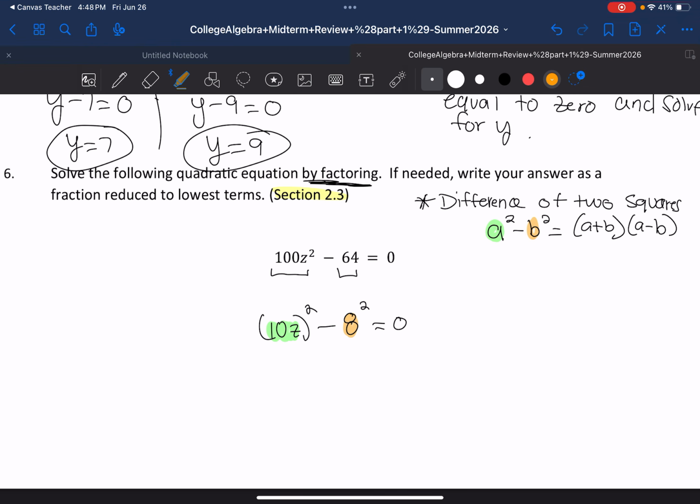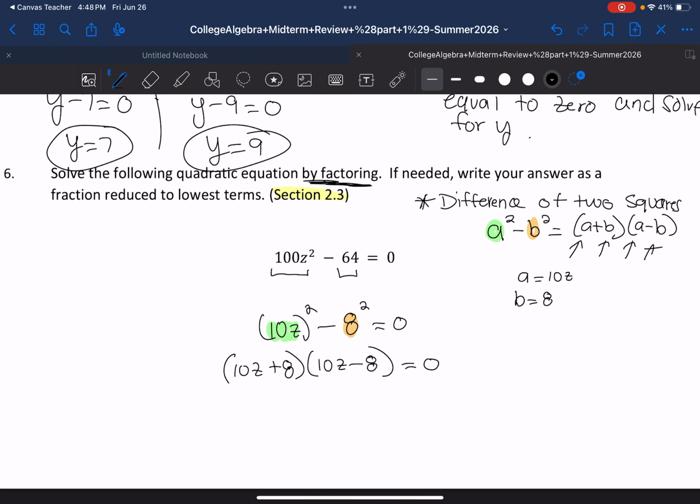So filling that in, a here would be 10z, and b would be 8. So plugging that in for a and b here, this would factor to 10z plus 8 times 10z minus 8 equals 0. So that's how that factors.